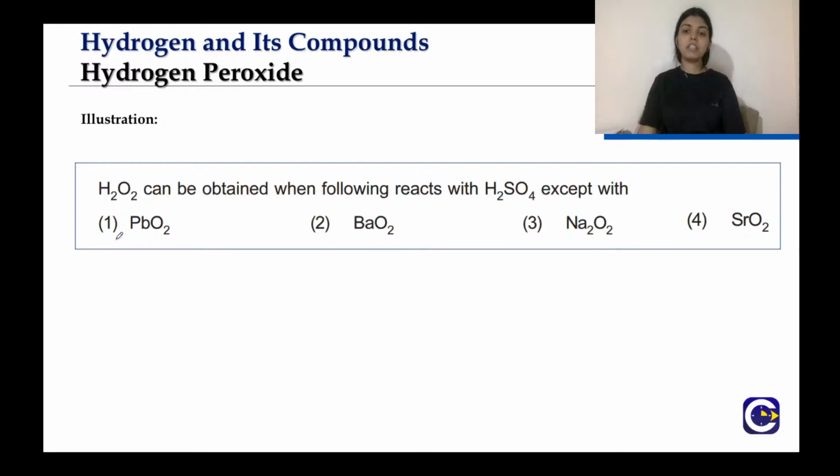Amongst these 4 compounds, which one will not react with H2SO4 to give H2O2? Anyone with the answer?